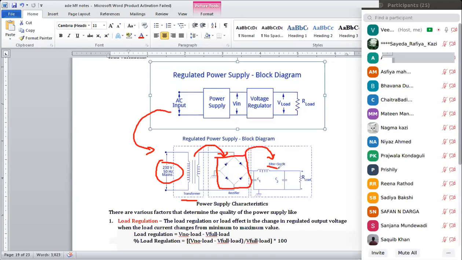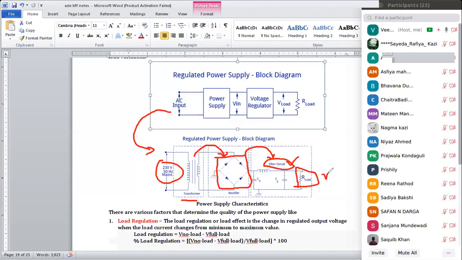Okay, this filter circuit is removing all the AC components, allowing only a DC voltage to go to the outside, that is at the load side, where our load is connected.